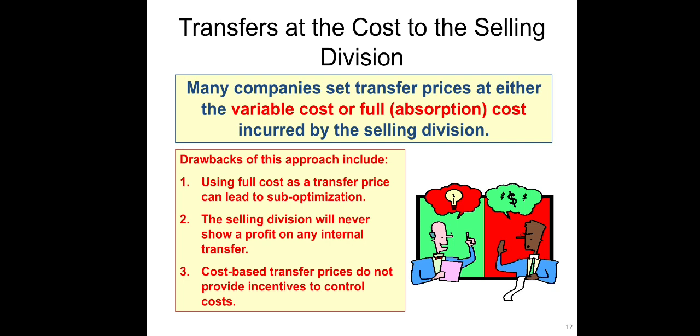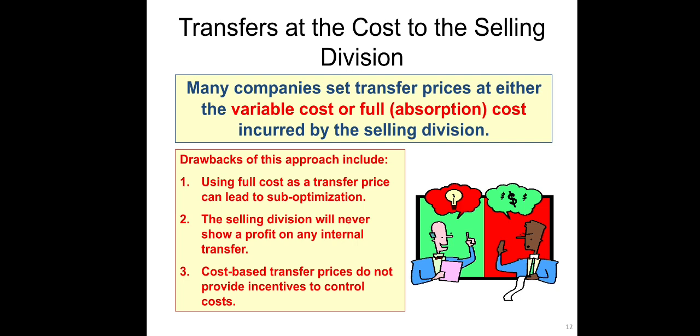Suboptimization means the selling department has no motivation to reduce cost, because they know that at any cost they produce, they can sell the output to another segment at cost, so it is like a guaranteed price. The buying department will pay whatever the cost, so there is no motivation to reduce cost.